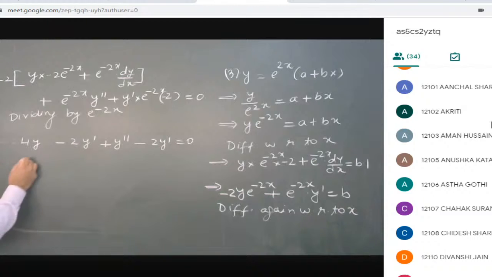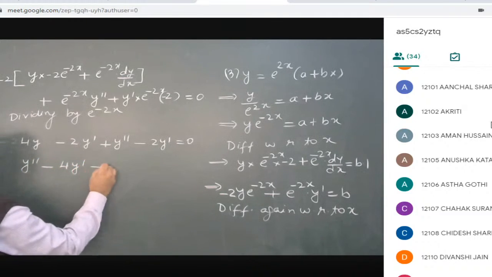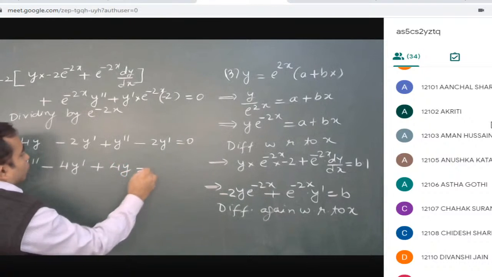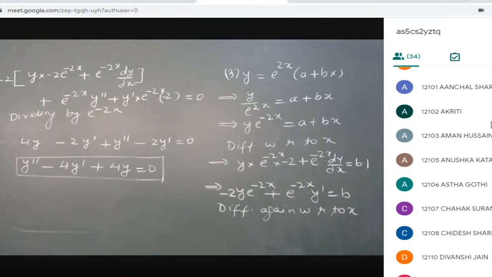Right, let us merge the terms. Y double dash minus 4y dash plus 4y equals to 0. This is my answer, and please check this answer and tell me whether this is right or not. And you also please write in your notebooks. Check Surana, is this answer right?